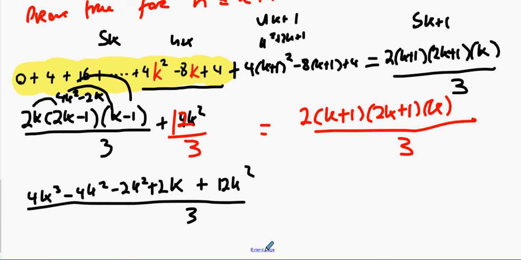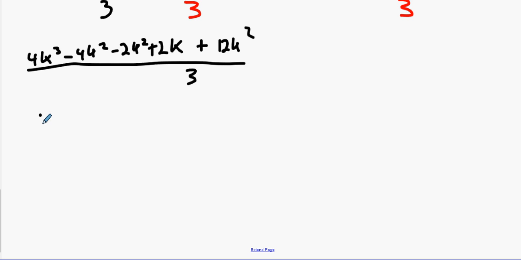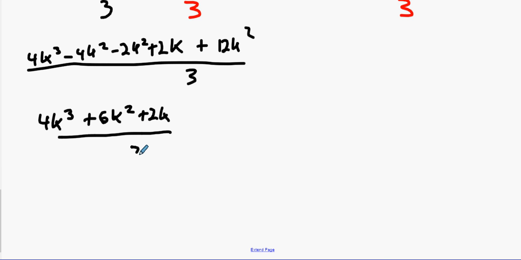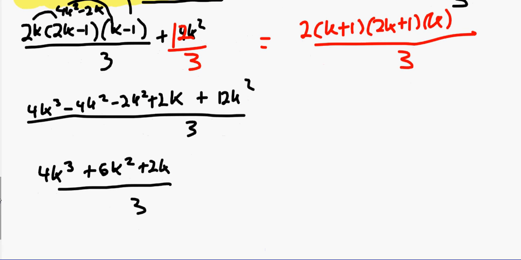And then this is going to become 4k cubed minus 6k squared plus 12k squared. So minus 6k squared plus 12k squared is plus 6k squared plus 2k, all over 3.